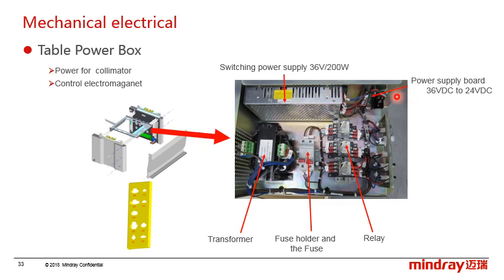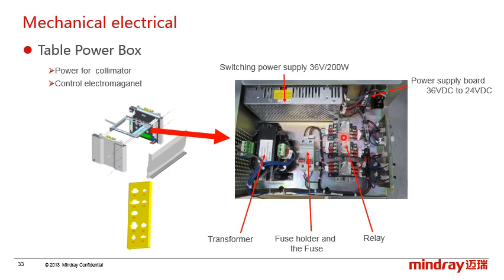And the power supply board will output 24 volt DC to the control buttons in the tube collimator assembly. And this is the transformer. It will output 24 volt AC to the collimator light.